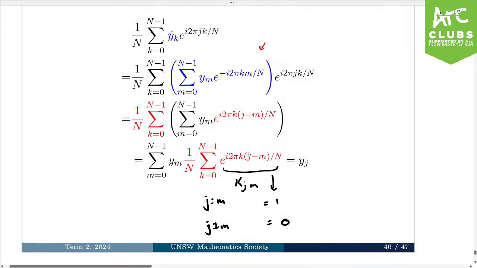So what we end up with is that all of these end up being 0 for m not equal to j. And when m is equal to j, then all of these will be 1, and there's n of them. So it will be n over n times yj, which turns into yj.